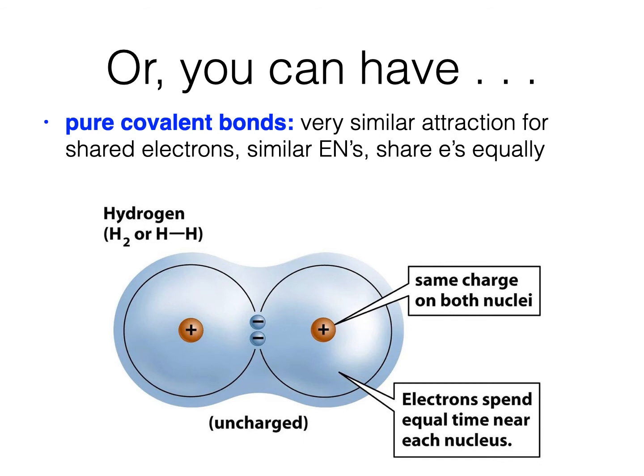Both would like to pick up one more electron and have a full first shell with two electrons. And so they each contribute one electron, and you can see the pair of electrons is now part of the orbits of both hydrogen atoms, forming a hydrogen molecule. Those electrons are evenly distributed. They are not concentrated over one atom or the other, and therefore this is a pure covalent bond.